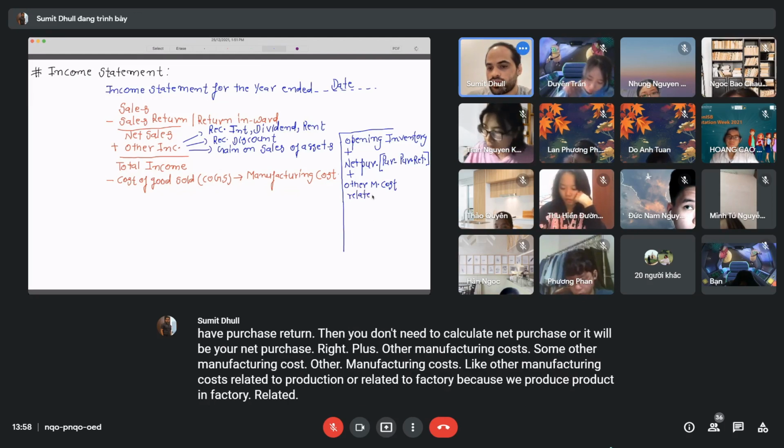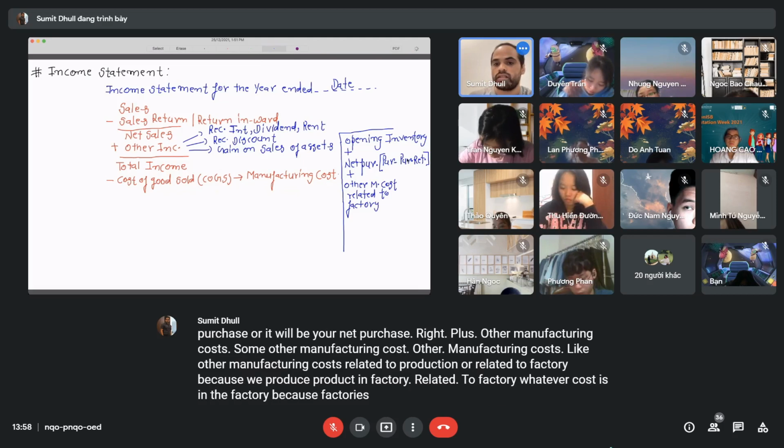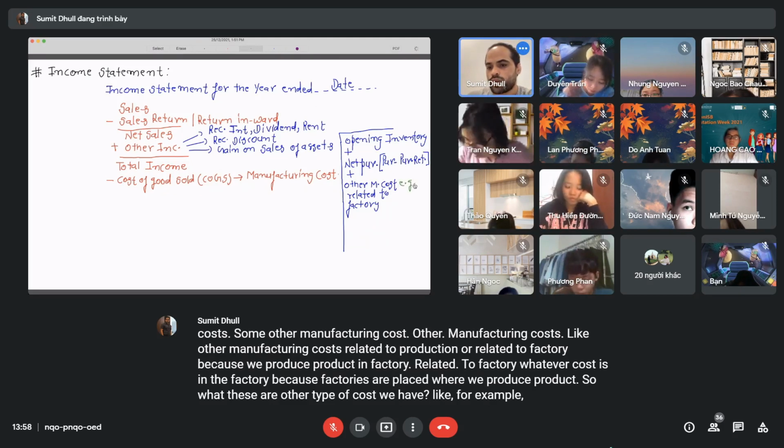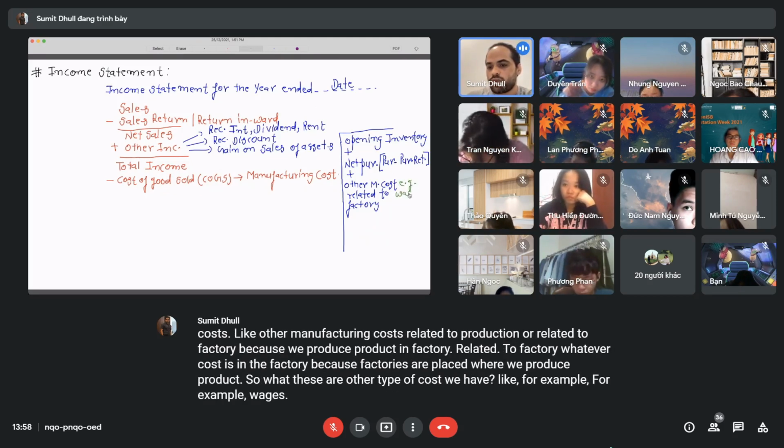Whatever cost is in the factory, because factory is a place where we produce product. For example, wages for workers, all right?